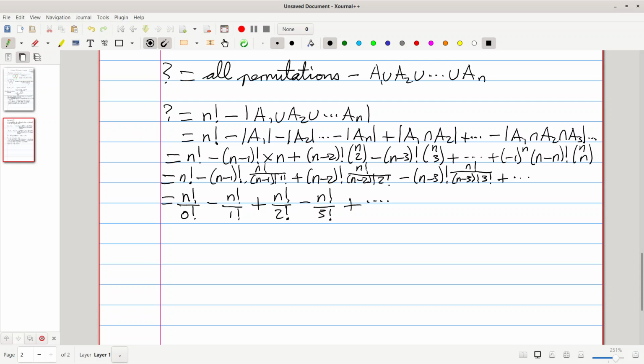Of course, there's a common factor of n factorial over here. So I could write this as n factorial times the alternating sum of 1 over each of these factorials. 1 over 0 factorial minus 1 over 1 factorial plus 1 over 2 factorial minus 1 over 3 factorial, and so on, all the way up until plus negative 1 to the n, 1 over n factorial.